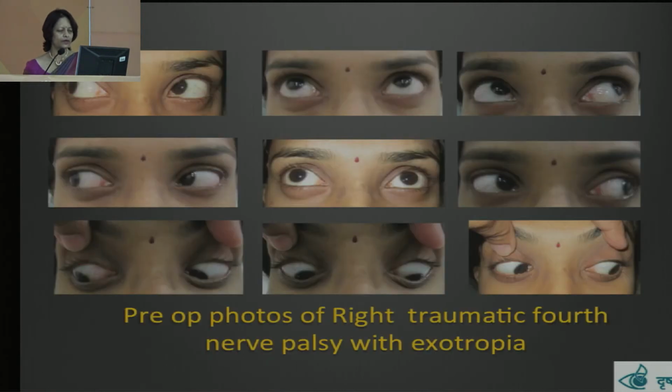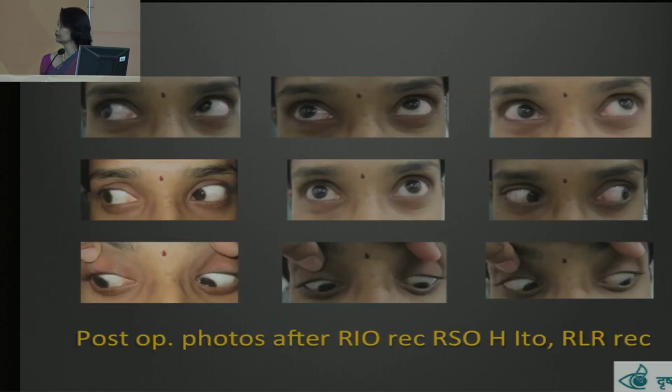So these are the pre-op photos of a case of acquired fourth nerve palsy. She had a small exotropia with right hypertropia and a significant excyclodeviation, and here we did a right inferior oblique recession with Harada-Ito to the right superior oblique and right lateral rectus recession, which corrected her exotropia as well as her vertical deviation and excyclodeviation.